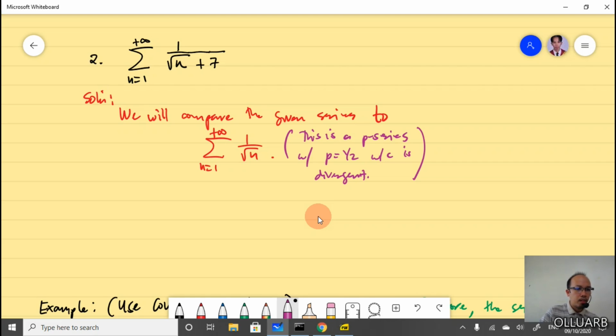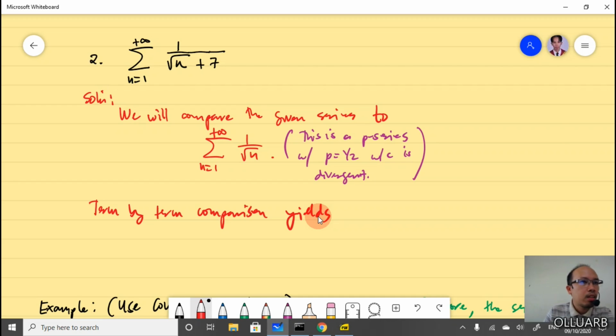So that's term by term comparison. Before choosing our an or bn, let's try to compute it first.